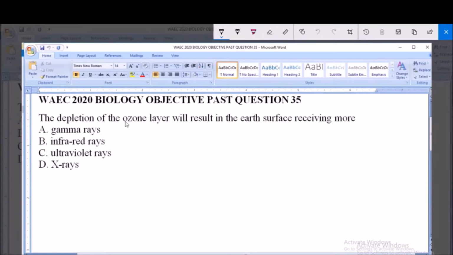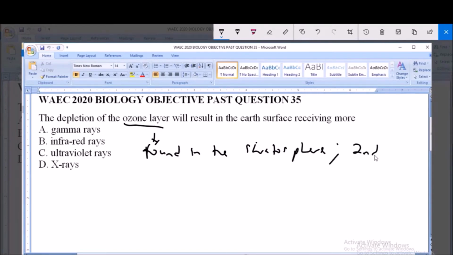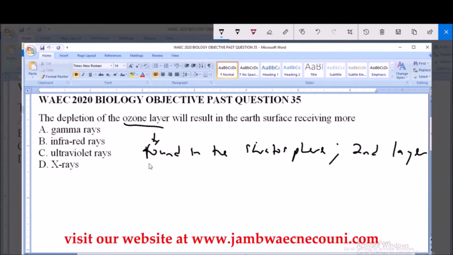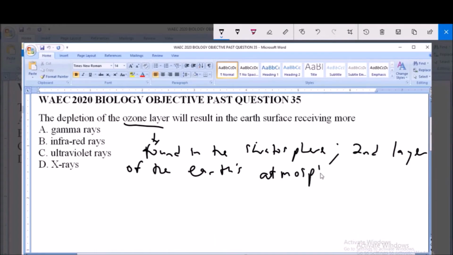Now, the ozone layer is a protective layer found in the stratosphere, and the stratosphere is the second layer of the Earth's atmosphere.